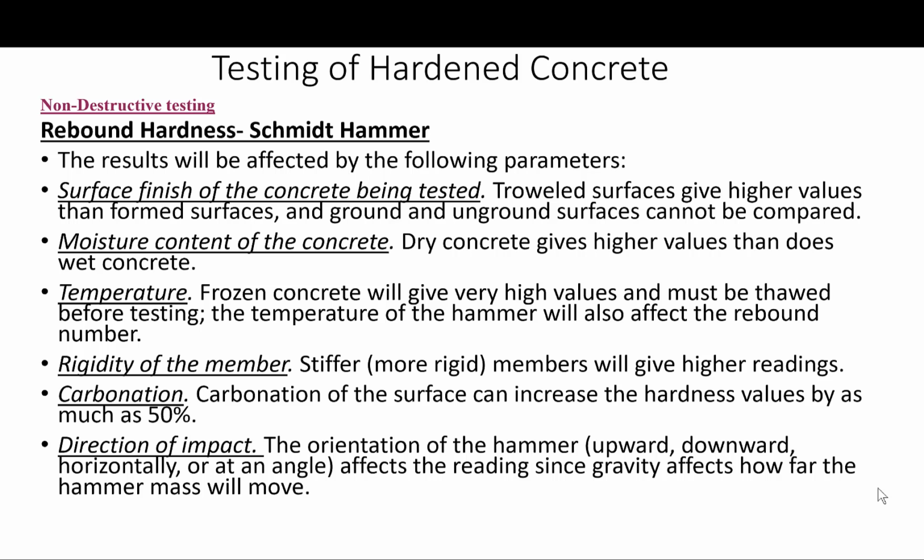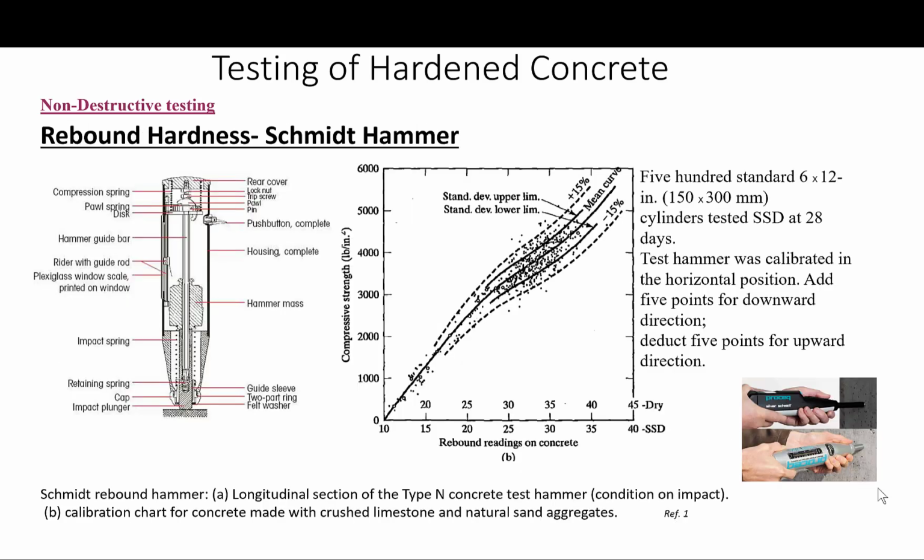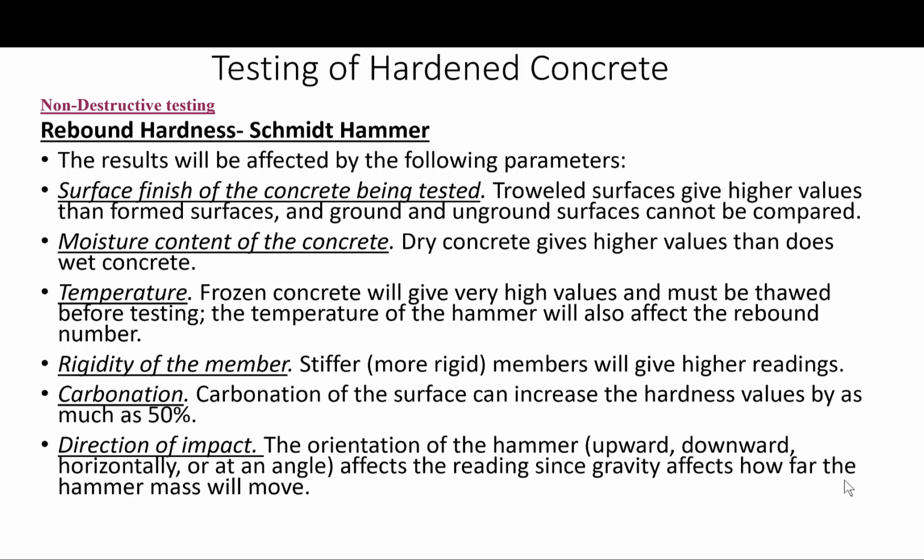So, as I said, this is basically what you do. You impact the hammer on a concrete surface, you get a reading, and from a calibration chart, you get the concrete strength. So all that we have listed here will affect the readings.